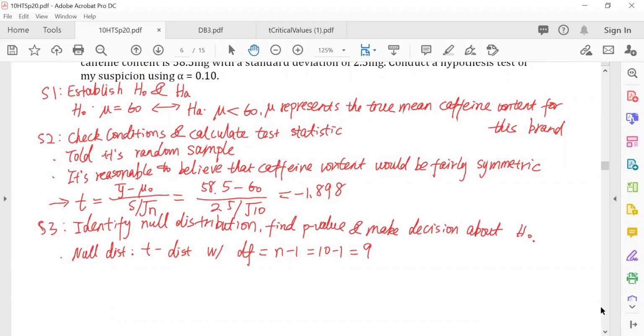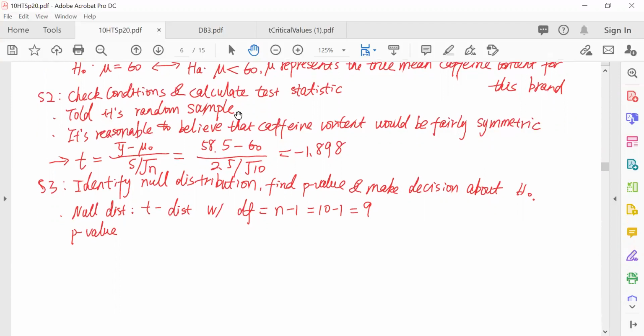The p-value, we have talked about how to find the p-value in our last video, right? This has an alternative hypothesis with a less than sign. So the p-value would be the probability of the test statistic less than or equal to negative 1.898 under H null.